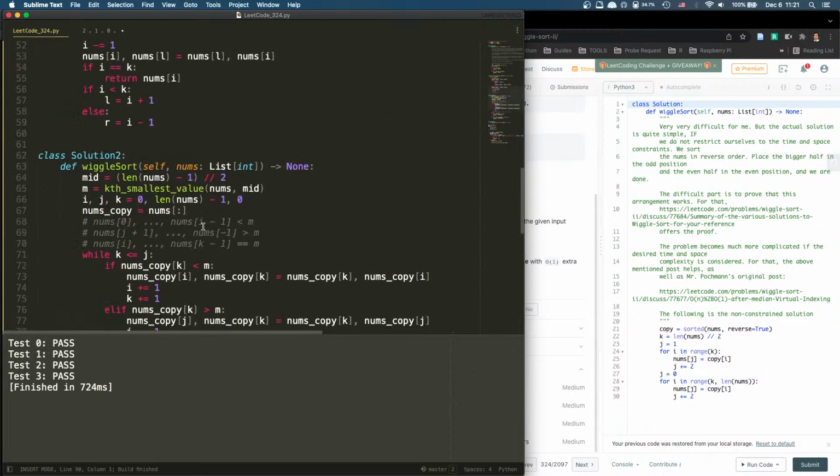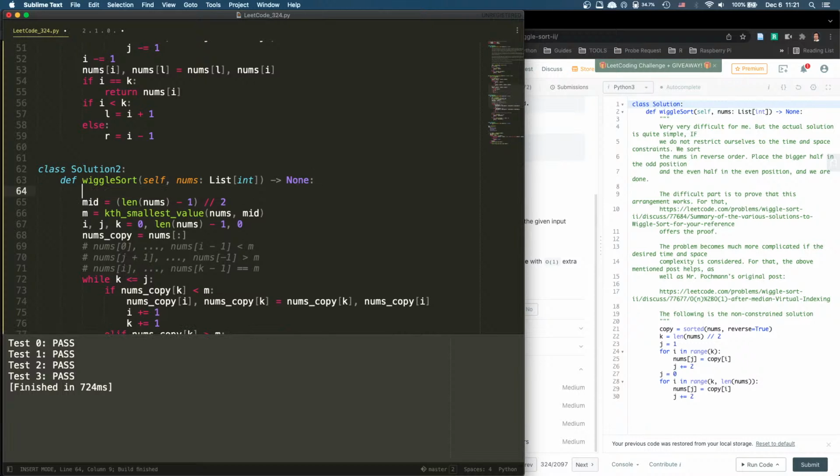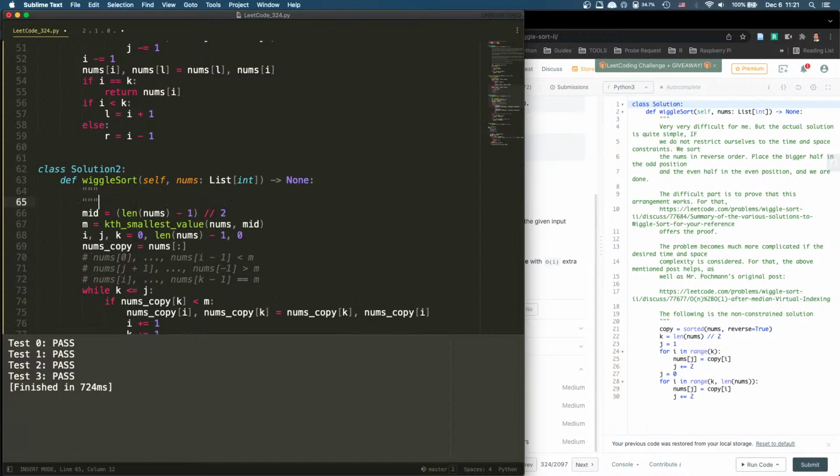It passes. So this one is using O(1), O(n) time, and O(n) space. Right?